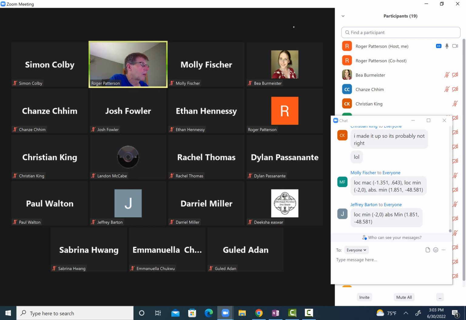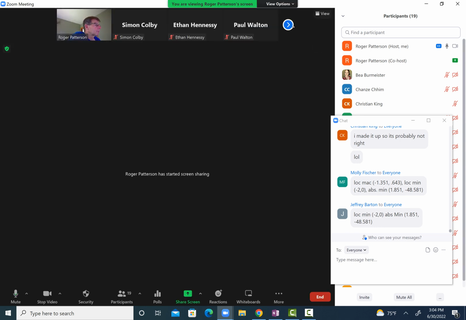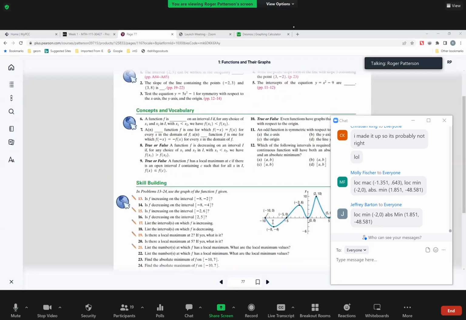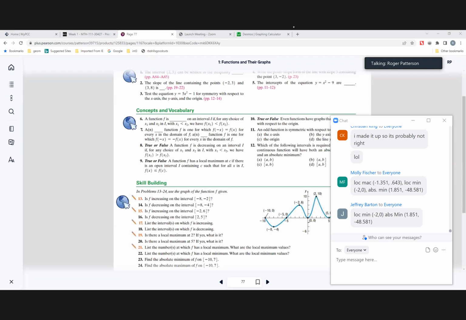Let's go back to this graph, because you'll have some like this. We have to be careful here. Let me annotate this. I'm circling this bright pink one. What is this one right here?